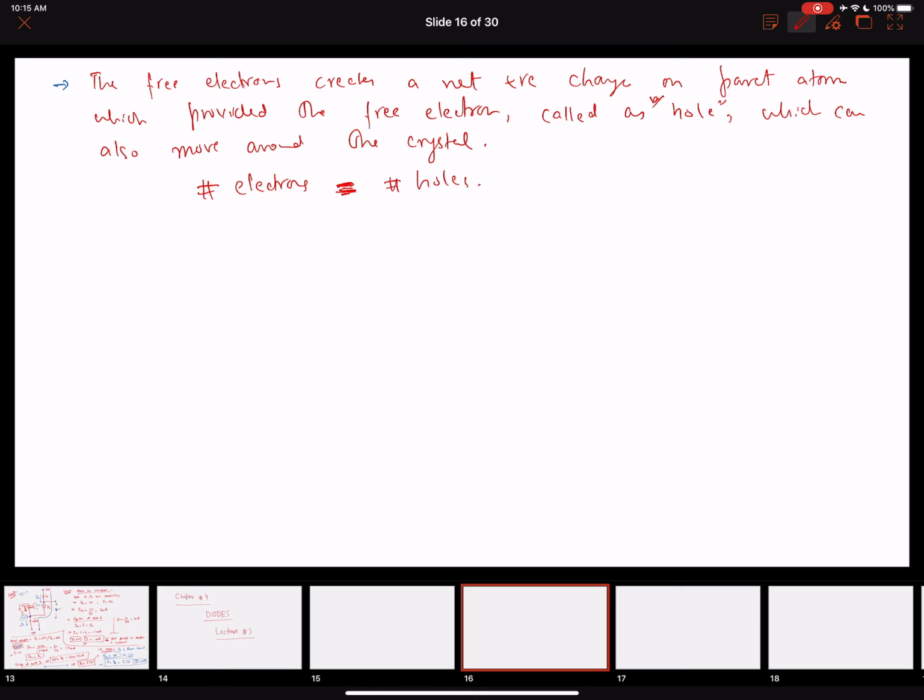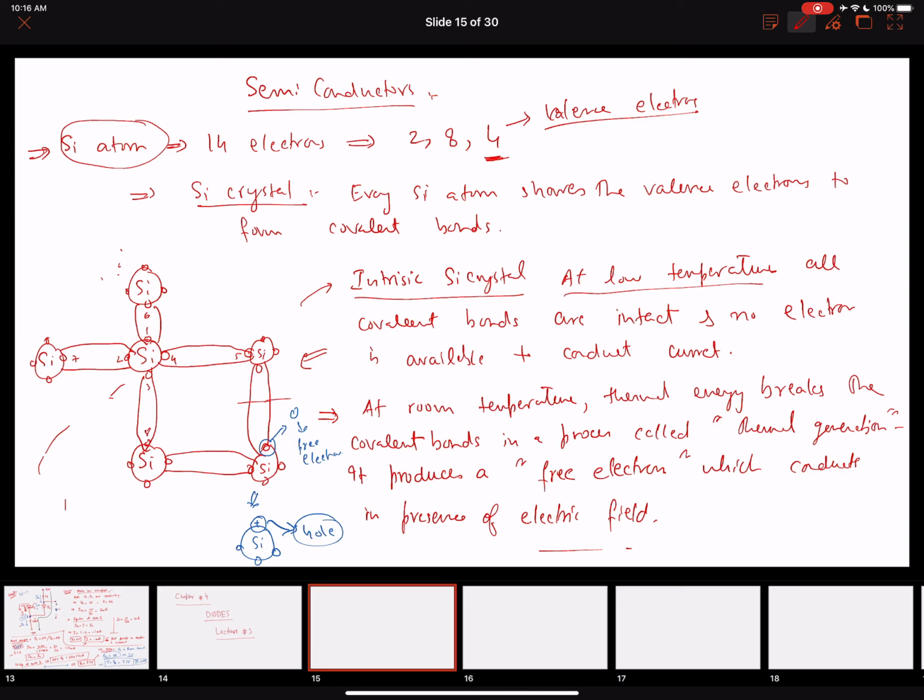Okay, right. So what we discussed now is a silicon structure at low temperatures. All the covalent bonds are intact. There is no charge carrier for the conduction to occur. However, as temperature increases, these bonds can break down. A silicon atom can release one of its valence electrons as a free electron.